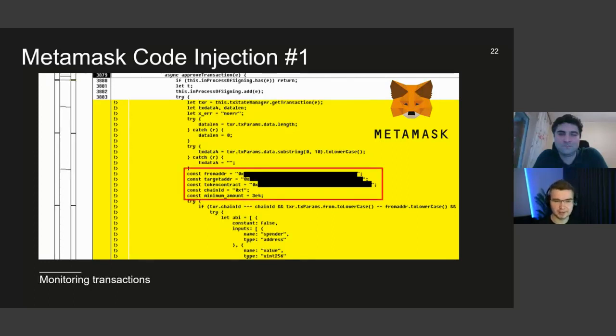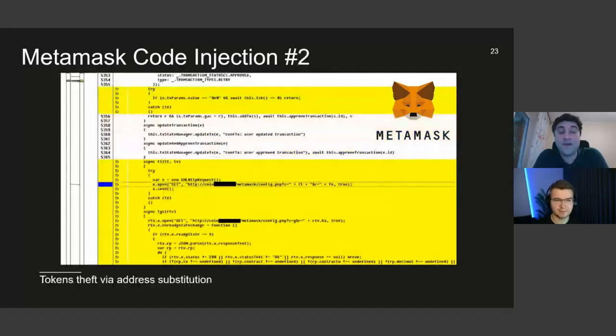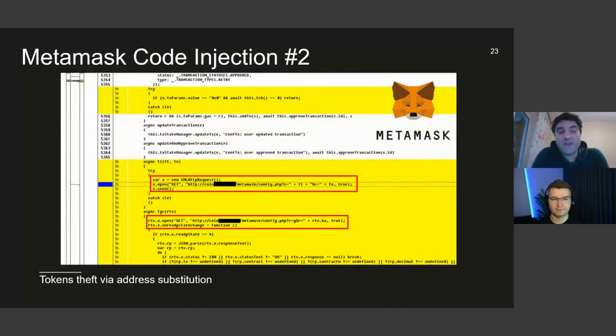So this one, like Dan said, was monitoring transactions, and we found another one. Can you talk about the second one? Yeah, the second case you can see here also in yellow. It's a diff, showing changes made by the attackers, additions to the source code of MetaMask. In this case, instead of just monitoring specific hard-coded values, they are fetching the values that the user is inputting, like a destination where to send the funds.